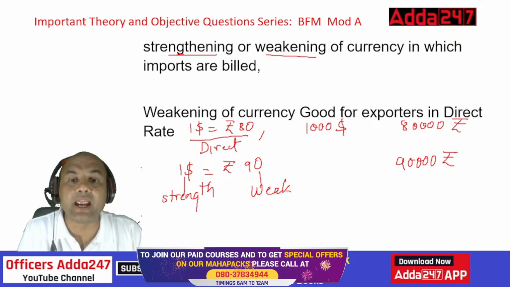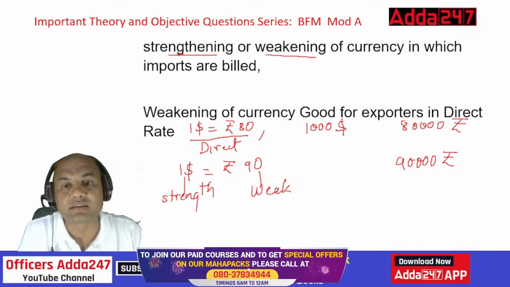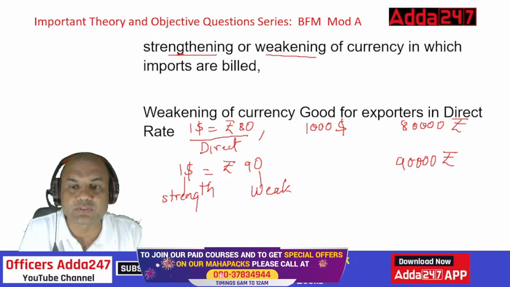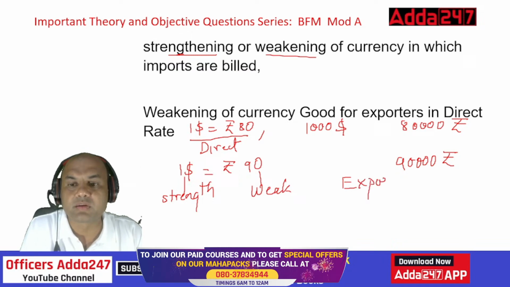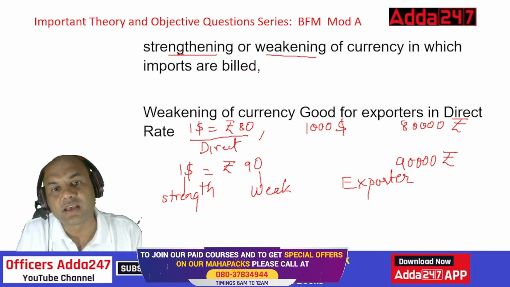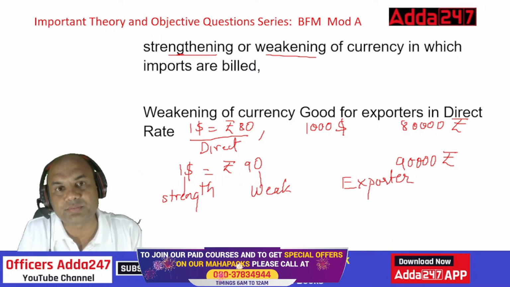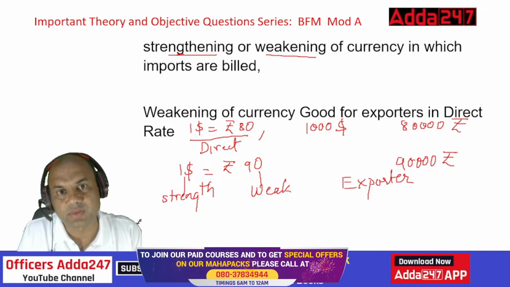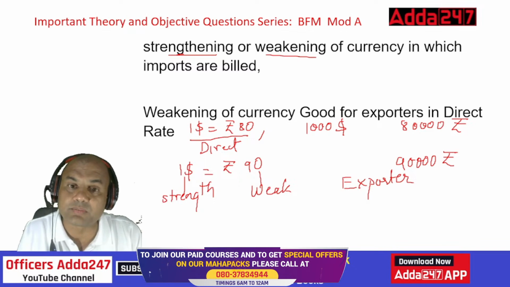Always. And vice versa, the reverse thing. Suppose the same thing happens and I am the importer. Here it was for the exporter. Now let's consider the reverse case. I am buying something from you, and you are charging me $1,000. For those $1,000, I have to pay you, because I am buying goods.